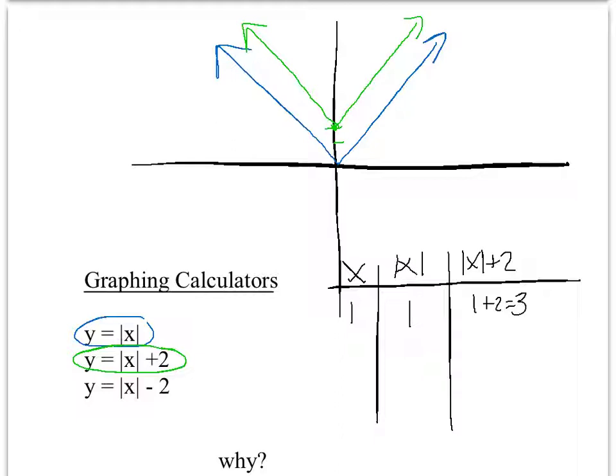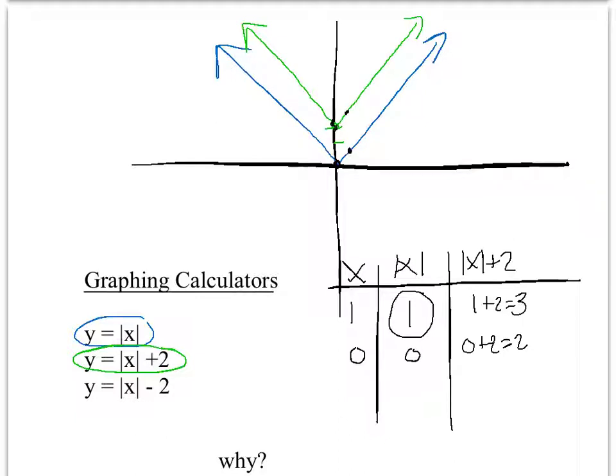So instead of my y value being at 1, it is now at 3. Sorry, I lied. We're talking about this point right here. It's now up here at 3. If I plugged in 0, the absolute value of 0 is 0, plus 2 gives me 2. And that's going to be the one at the vertex.